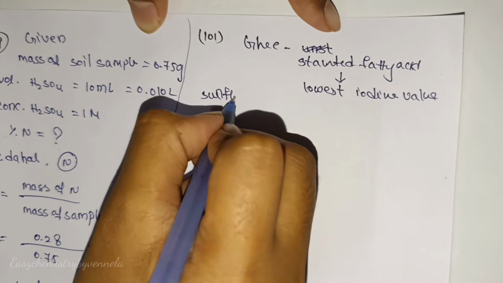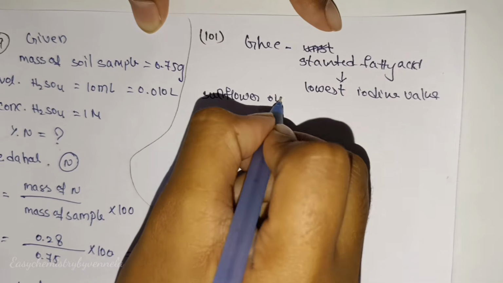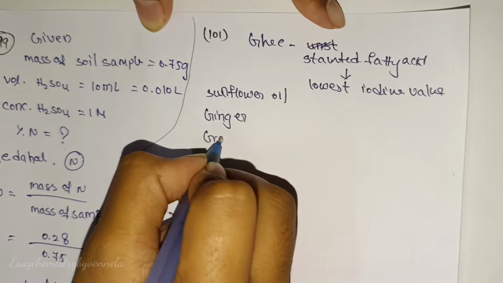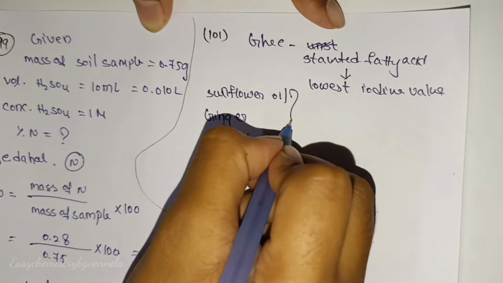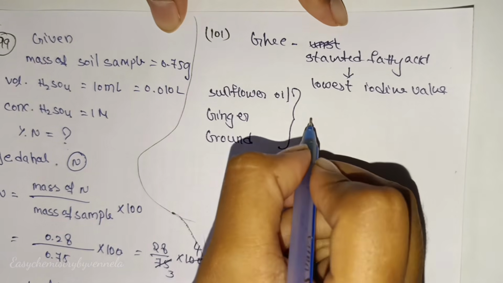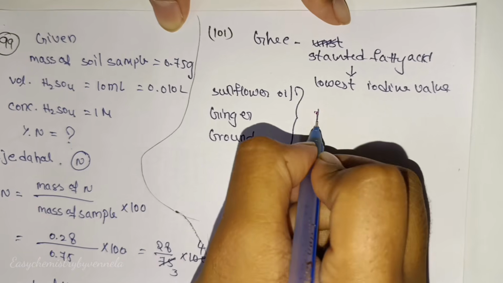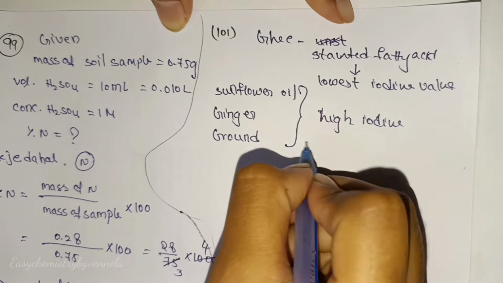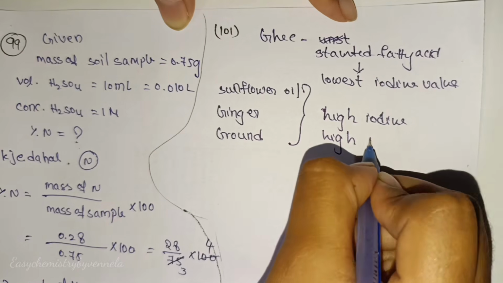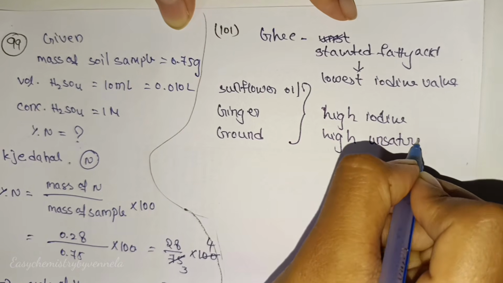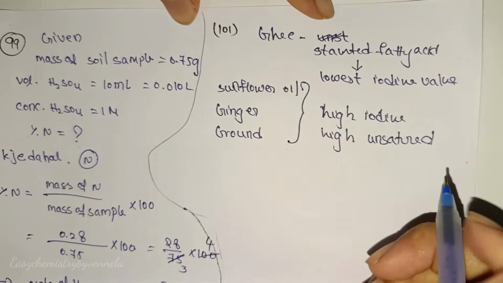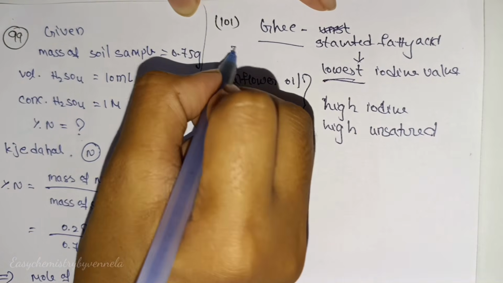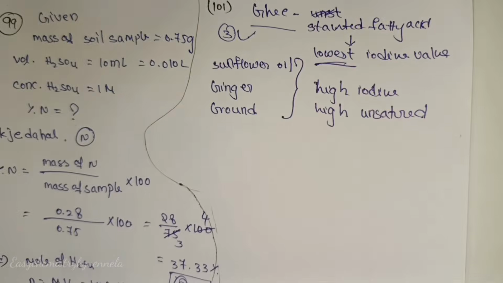The others, sunflower oil, ginger oil, groundnut oil, are highly unsaturated with high iodine value. So our question is least. So the correct option is ghee. Third one is the correct option.